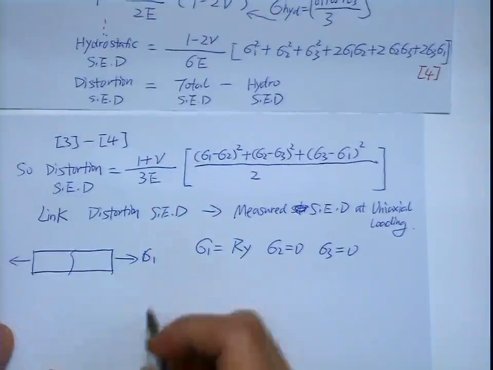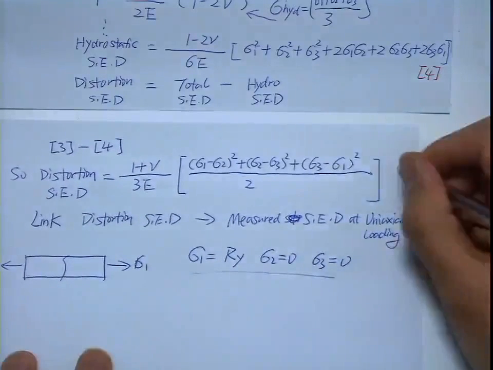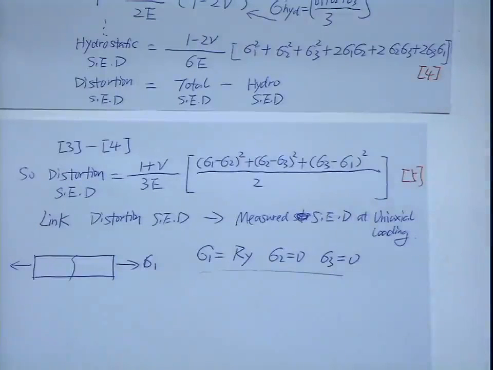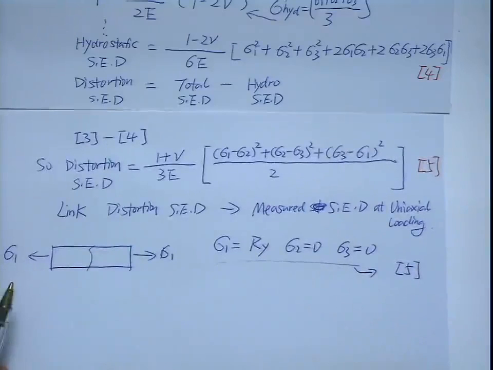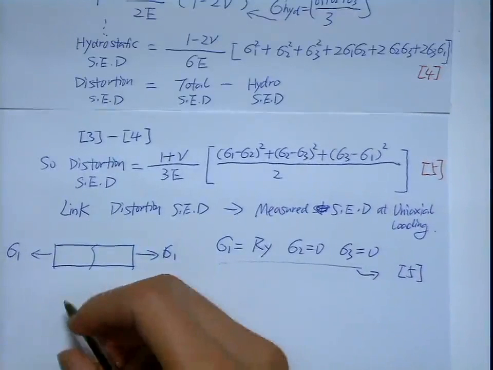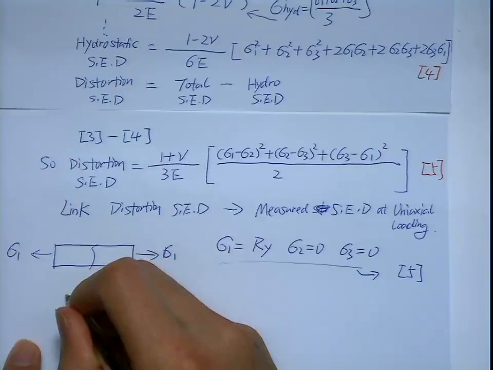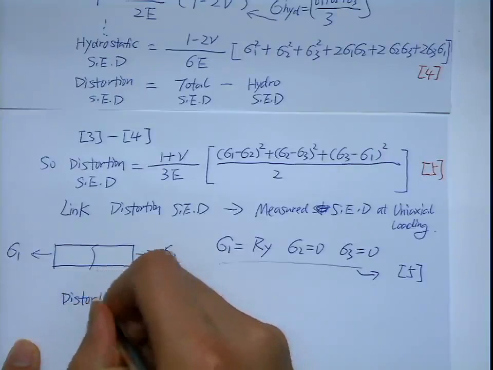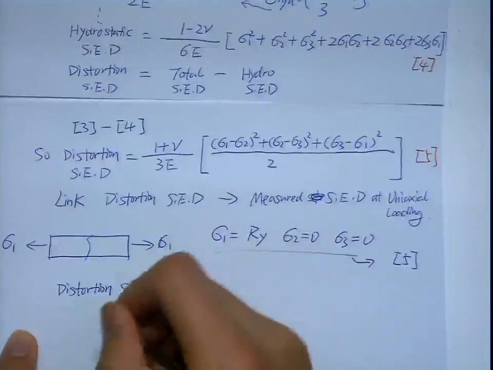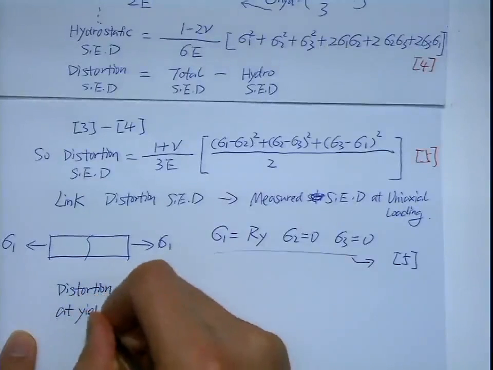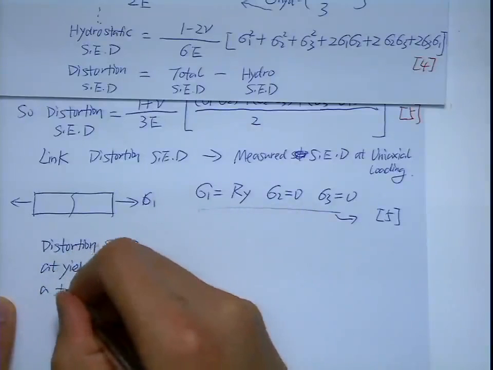So what you need to do is put this to this equation 5. Then you get this simplified version. So now you get distortion strain energy density at yield for a tensile specimen.